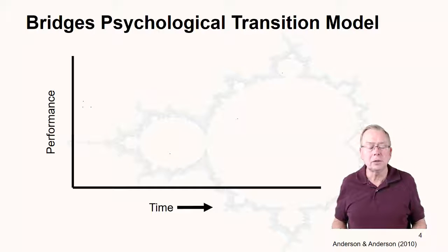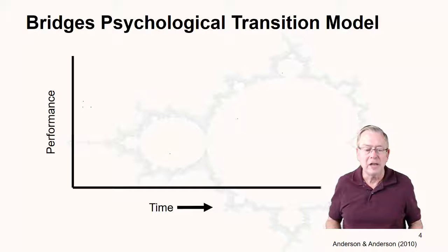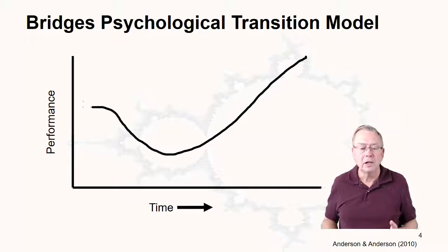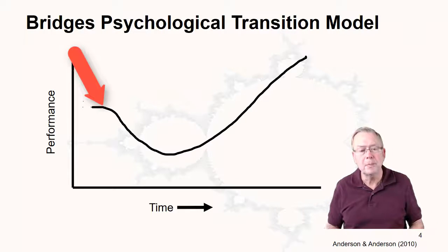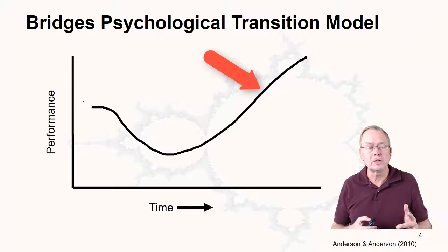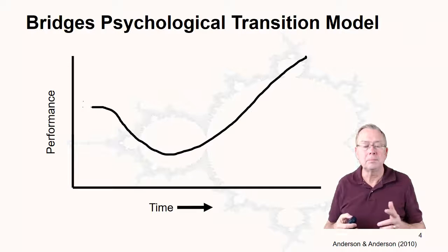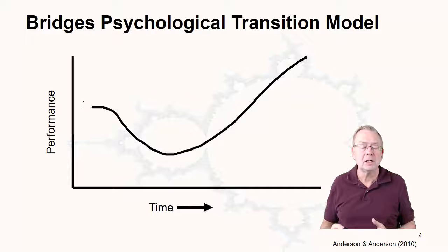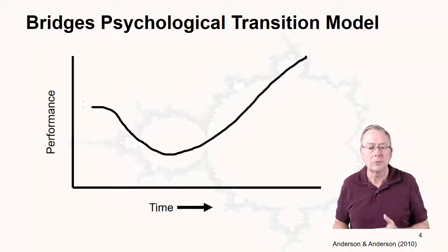A second model is the psychological transition, in that performance changes over time, in which case when you initiate the change, there will be a performance dip and then improvement. The performance dip is doing something different, something you may not be prepared to do, and then once you become competent, it becomes an upward slope to higher levels of performance.